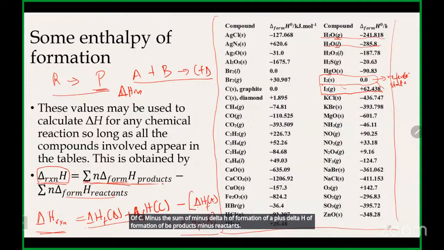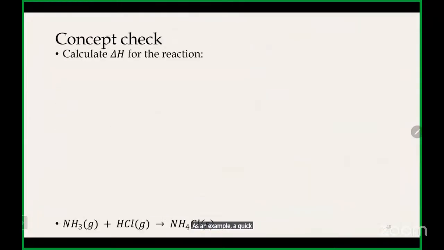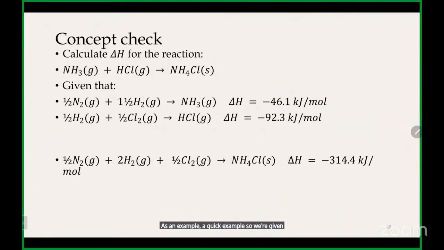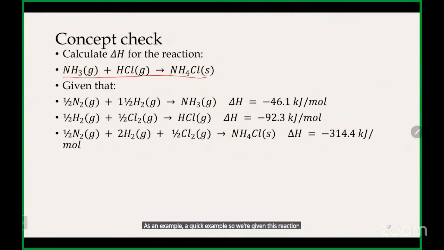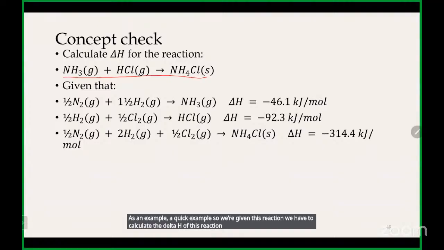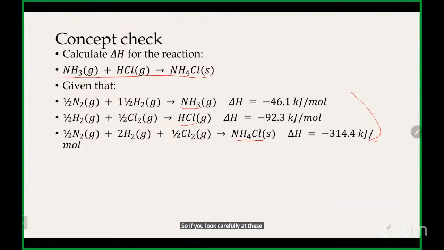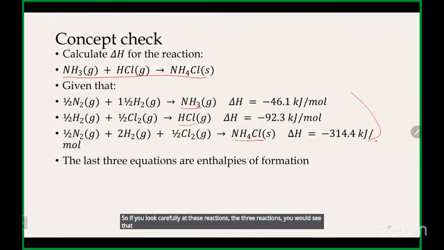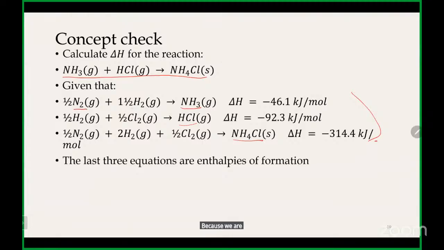As a quick example, we're given this reaction and we have to calculate its delta H, given delta H of formation of NH3, delta H of formation of HCl, and delta H of formation of NH4Cl. If you look carefully at these three reactions, you would see that they are enthalpies of formation because we are coming from the reference point of all of them.